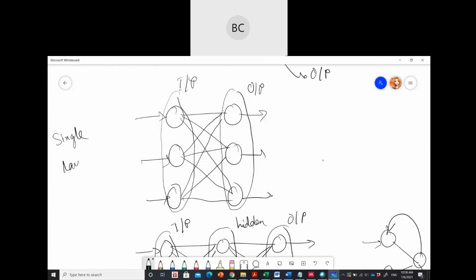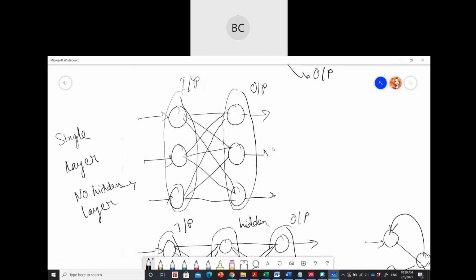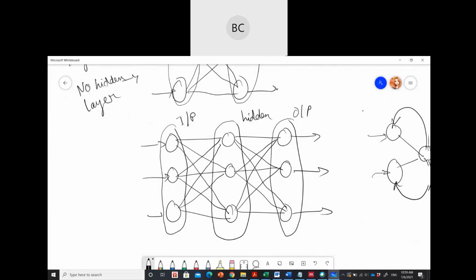Single layer means no hidden layer, only input and output. And all the ANNs you have used till now for the project are basically MLP, or multi-layer feed-forward networks, which have three types of layers: input layer, hidden layer, and output layer.